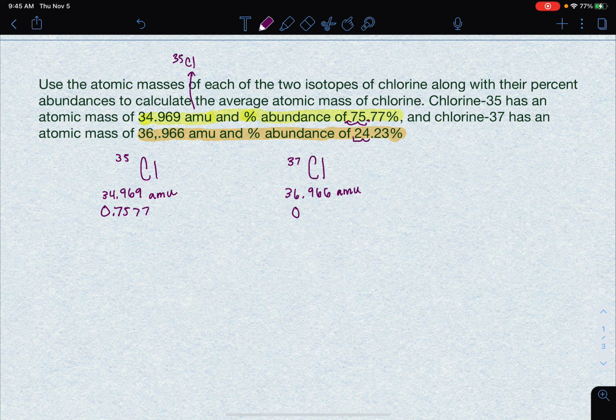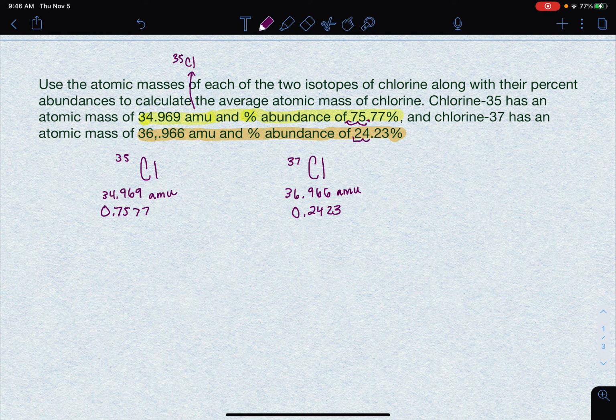And then for this one, it'd be 0.2423. And if you were to double check and add both of those together, you should get 1. Because when you add all of the percent abundances, you get 100. So when you add all the fractional abundances, you'll get 1. Just a quick thing you can double check to make sure everything is ready to work out.